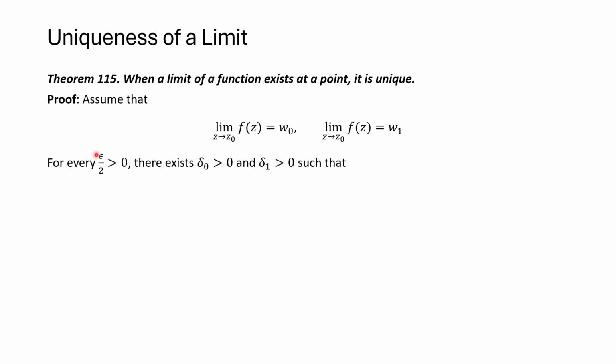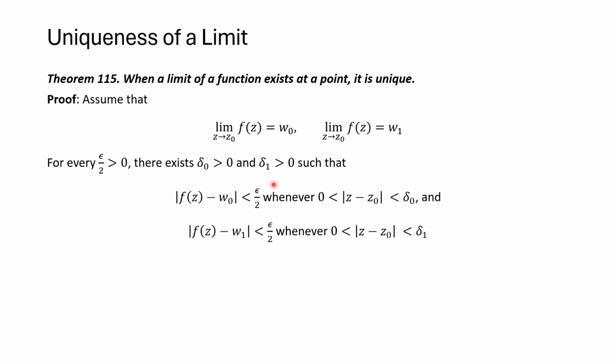The way to prove that is we'll take an epsilon divided by 2 greater than 0, and by the definition of limit, there exist these two deltas, delta sub 0 and delta sub 1, which give us these two statements here. It's basically the definition of this limit and this limit using epsilon over 2 instead of the usual epsilon. So both of these are true if we assume these limits exist.